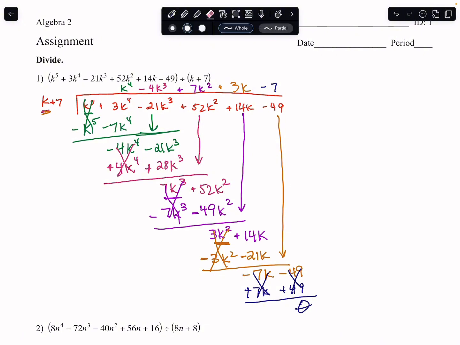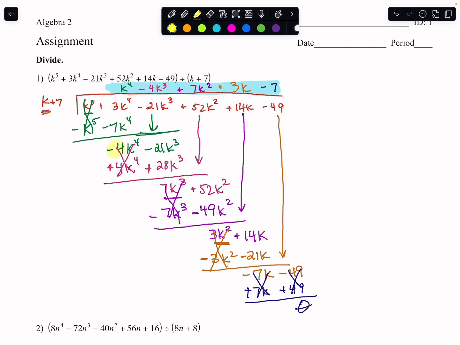Okay? That's what you will write down. And something I want to point out really quick while we're here is I want you to notice that when we're doing our math, for example, this right here, negative 4, ends up being our next term. The 7 ends up being our next term.